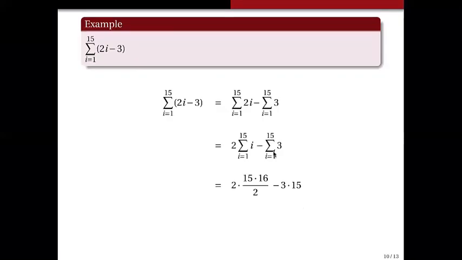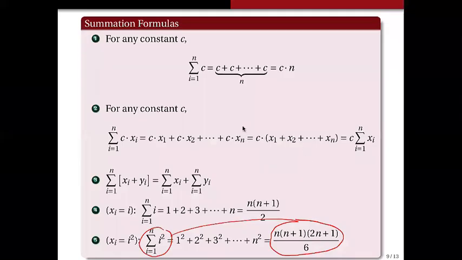And then, for this guy here, you just multiply 3 times 15. So, it's this guy here, c times n. That's your n here. c times n.